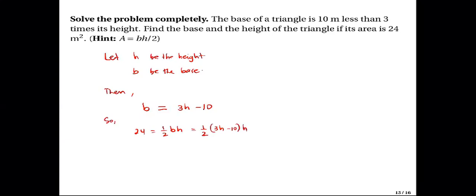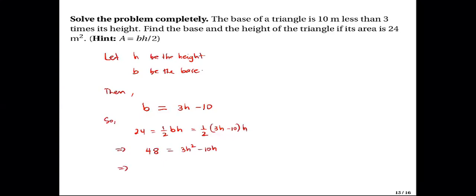Or we will have 24 times 2. So we multiply both sides of the equation by 2. We'll have 48. This is equal to this expression. Let us just multiply them. It's just 3h squared minus 10h.